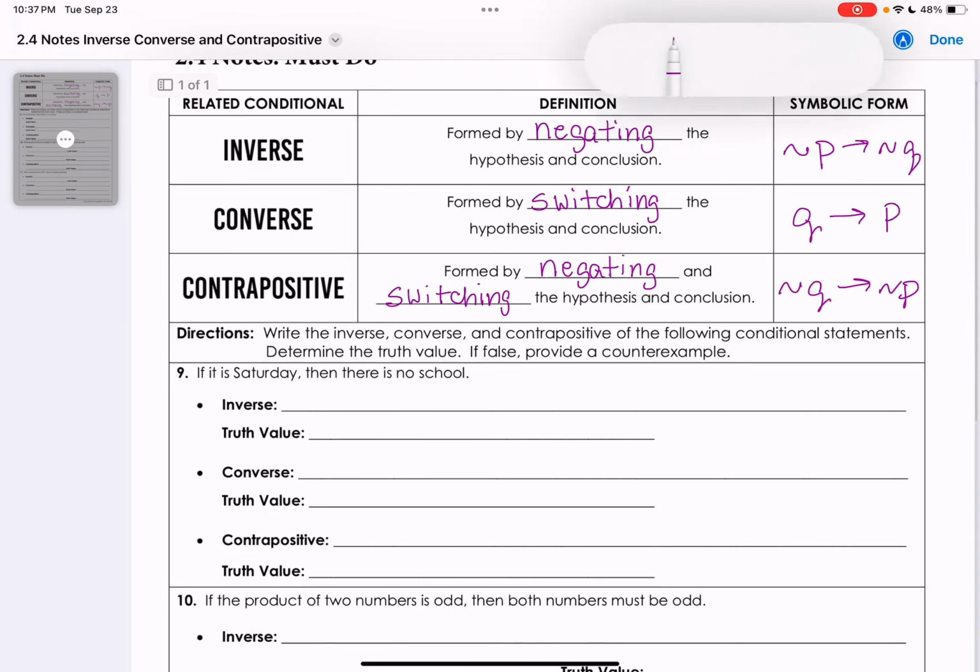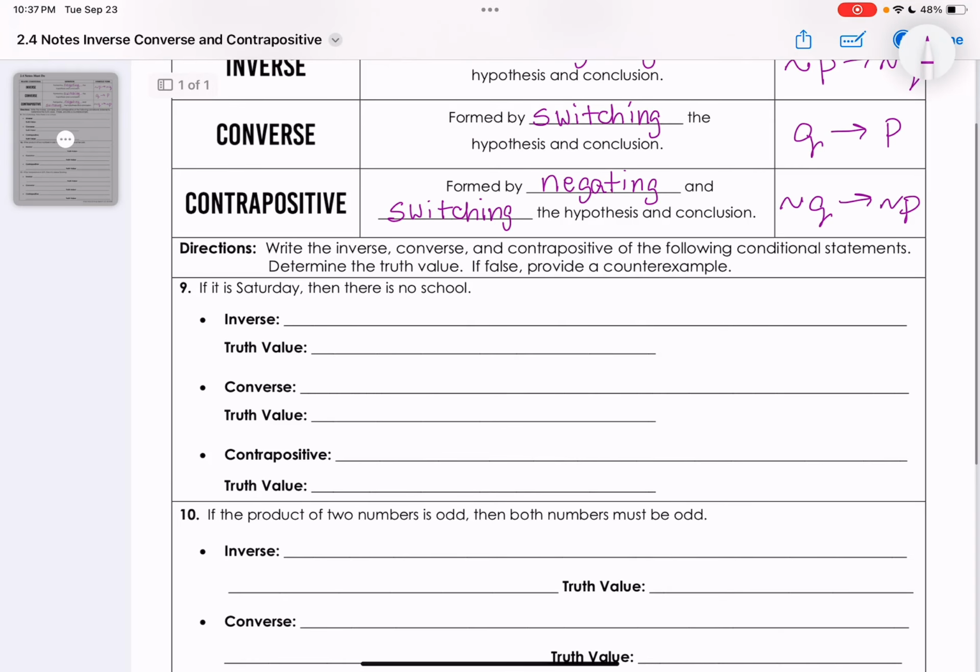So let's write these down here. If it is Saturday, then there is no school. So remember, the hypothesis is the part that is, it is Saturday, and the conclusion is there is no school.